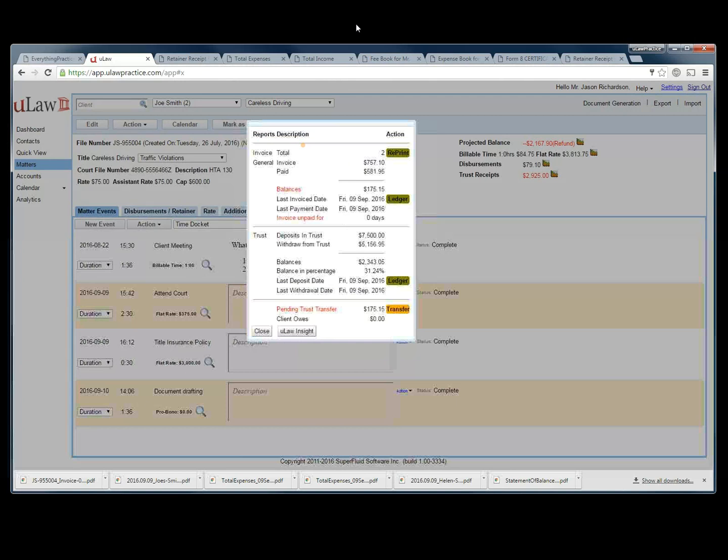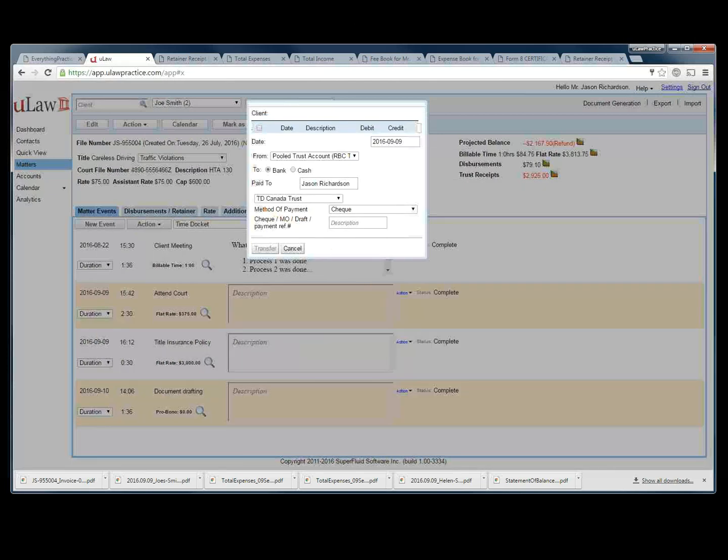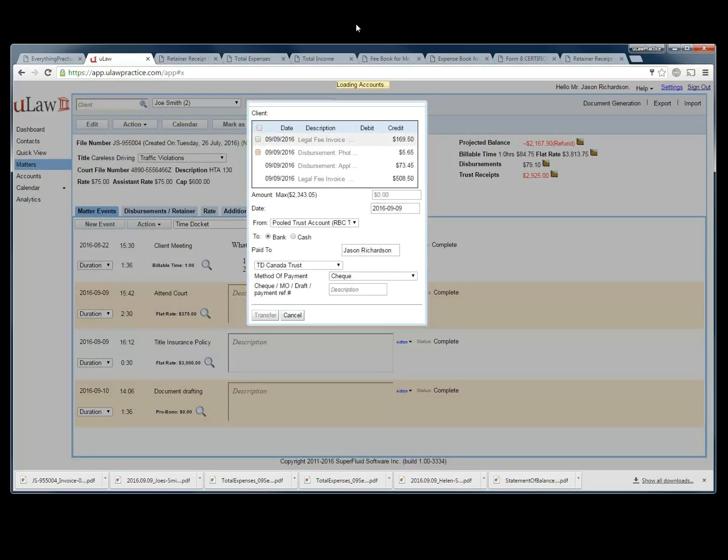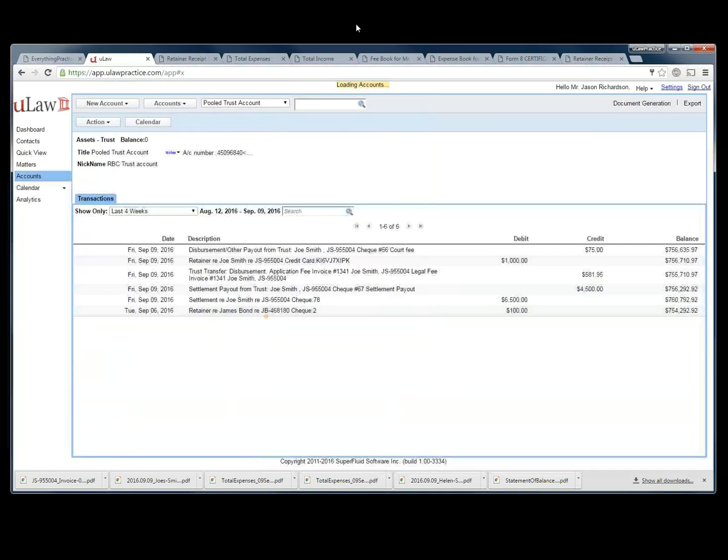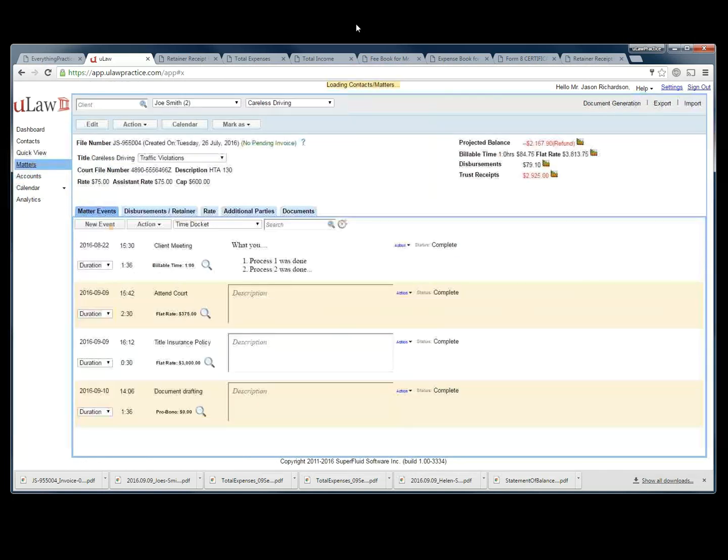So you'll click on the trust, and transfer that $175 into your account. Okay. Now, unfortunately, on this one, I established a fee cap.